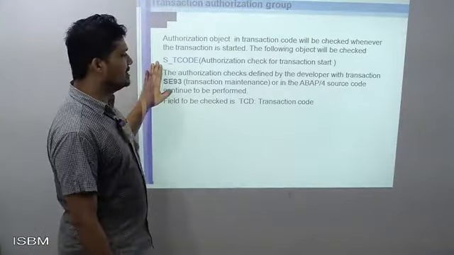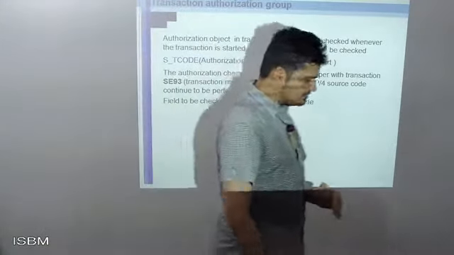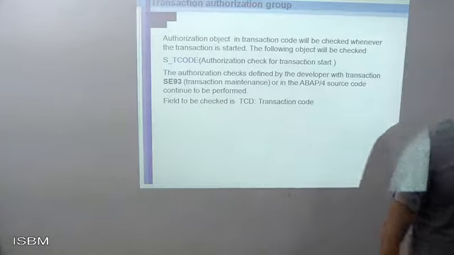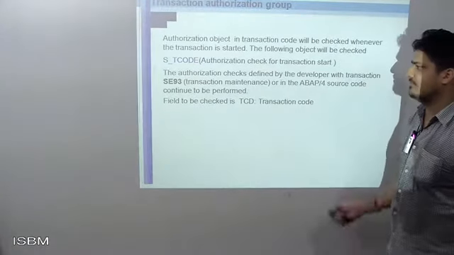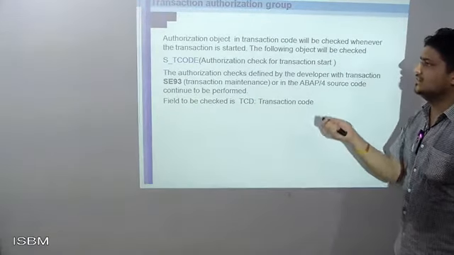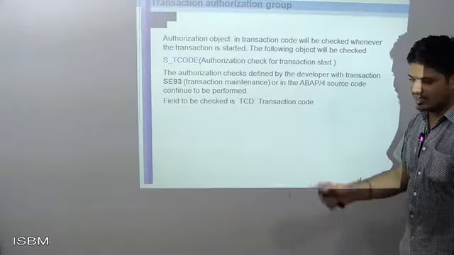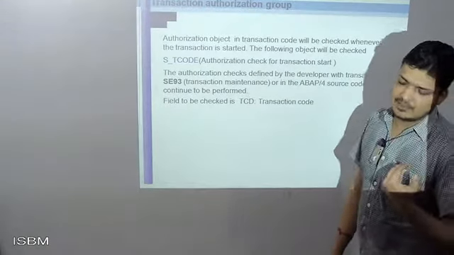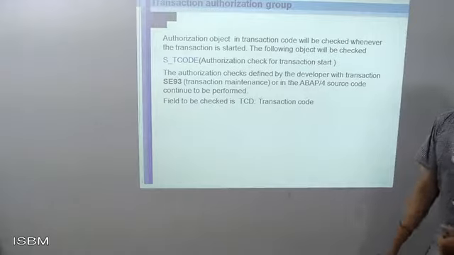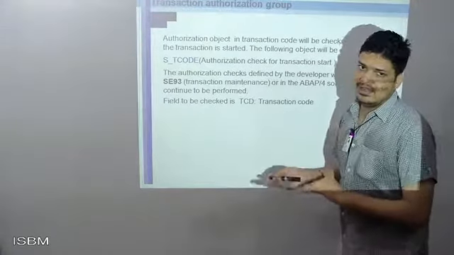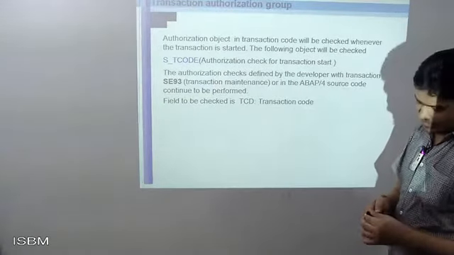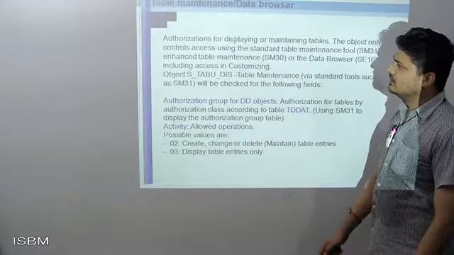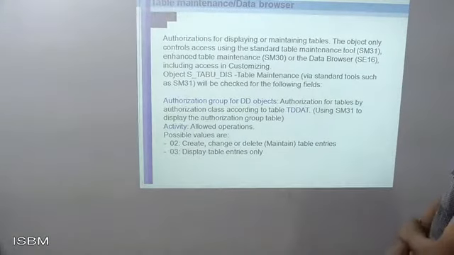Then we have authorization of the T code. In the same way, we can authorize the T code also. There is an authorization check while you are creating any T code. So it will authorize the T code as well as some objects. Next is authorization for displaying or maintaining tables.